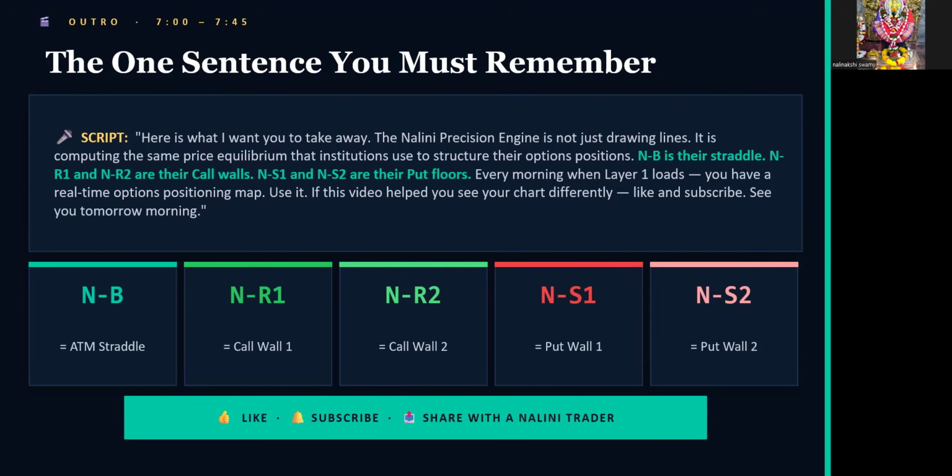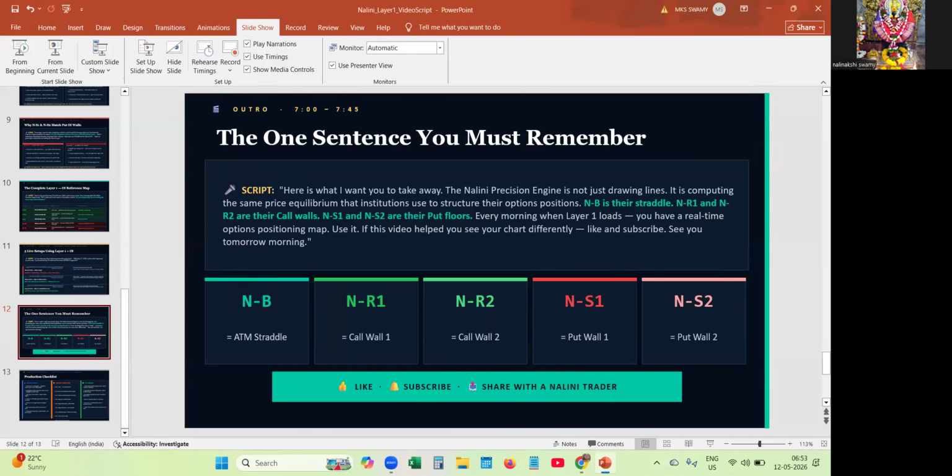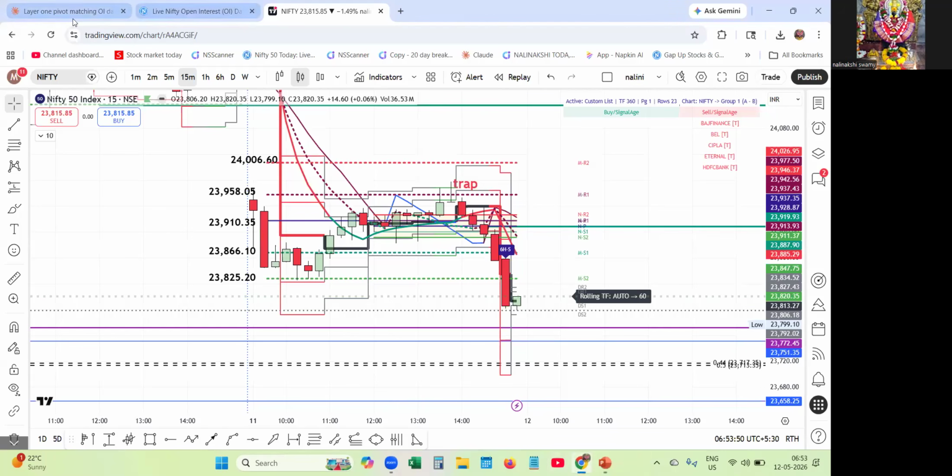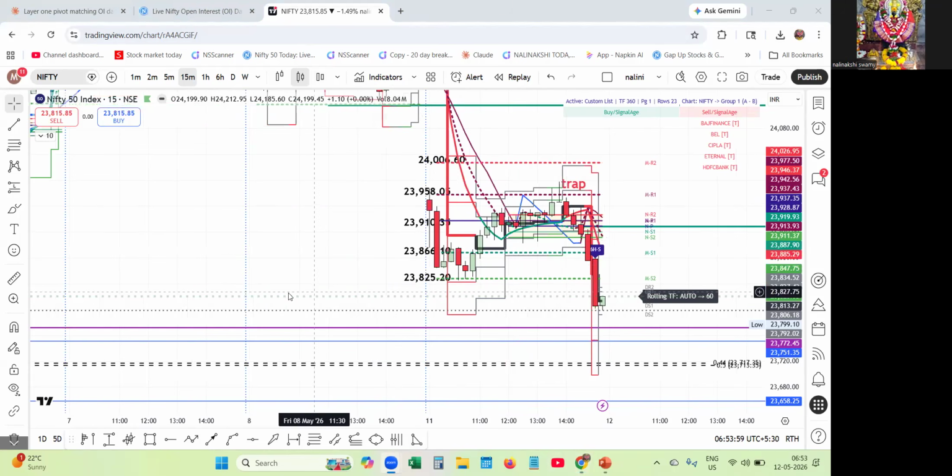Let me take you to the chart. See, you have got all these layers, previous day straddle level, right?